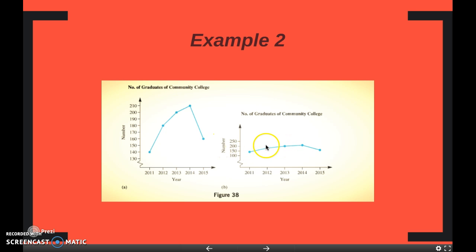Then a little bit closer to 250, and then you see this small decline. However, in reality, the decline was a lot. So that can be a way that this graph, or I'm sorry, the numerical data, can be misleading.